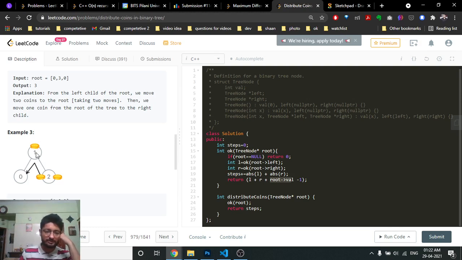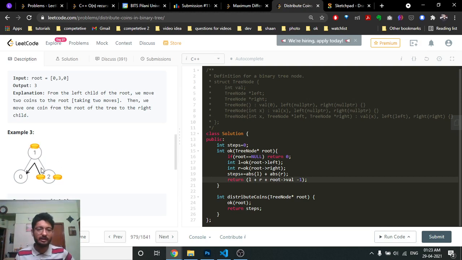So the current node will get the information from the 2 subtrees, how many deficiency or excess these nodes have, and then consider itself also, so how many coins this current node has, so root value. But if it has some excess value, then I have to subtract 1, because I have to place 1 coin here also. If it has 5 coins, I have to place 1 coin here, and then the 4 coins are extra.